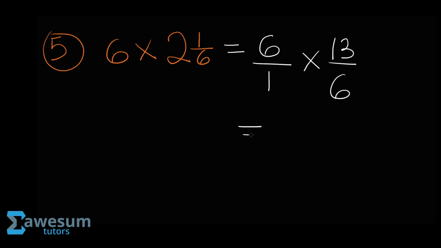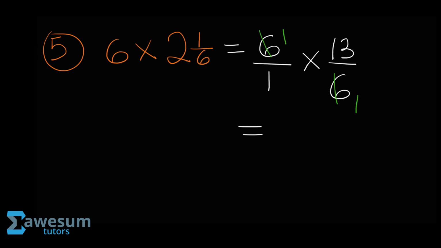Okay, so now how do we go ahead to solve this problem? You will realize right here that 6 can divide. 6 in 6 is 1. 6 in 6 is 1.